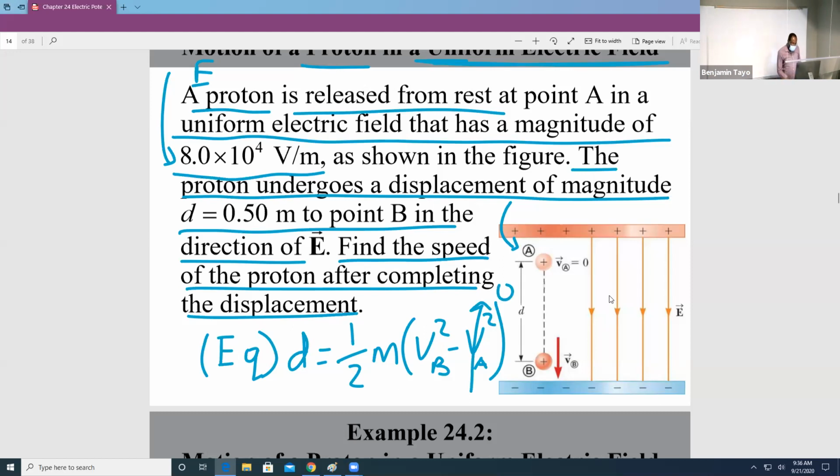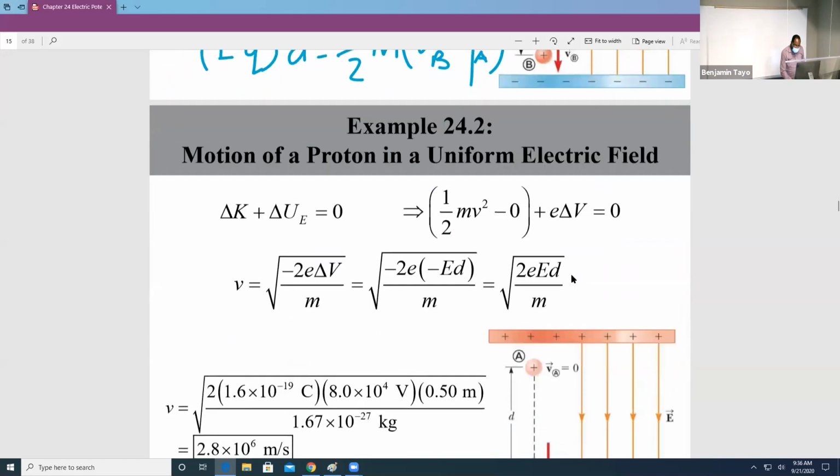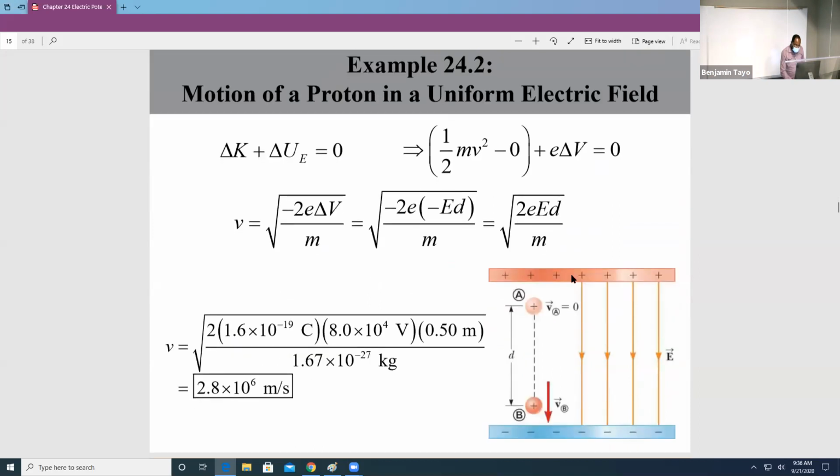All right. So if you plug in everything here, which is this final equation here, I think you're going to get this equation. This equation comes from, if you look at this equation here, it's basically the same thing that we're doing. The equation that I wrote before was saying 1/2 m times V at point B squared minus V at point A squared.